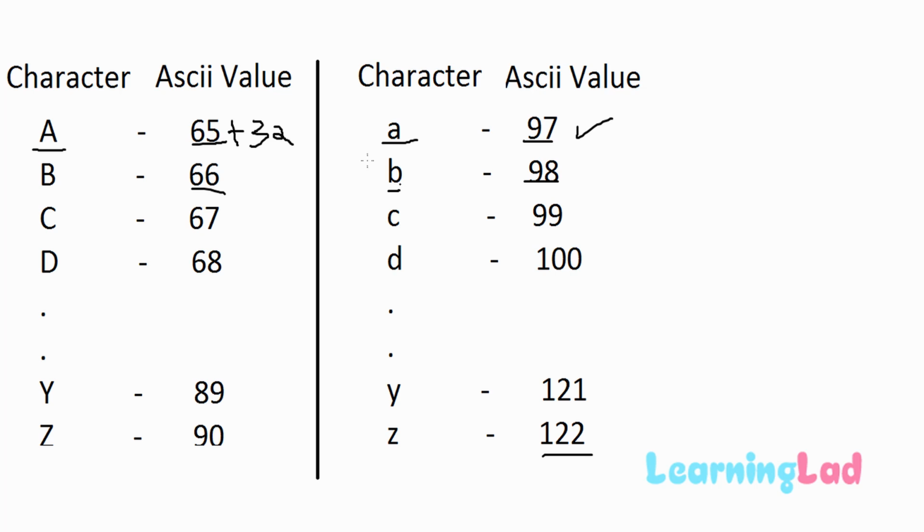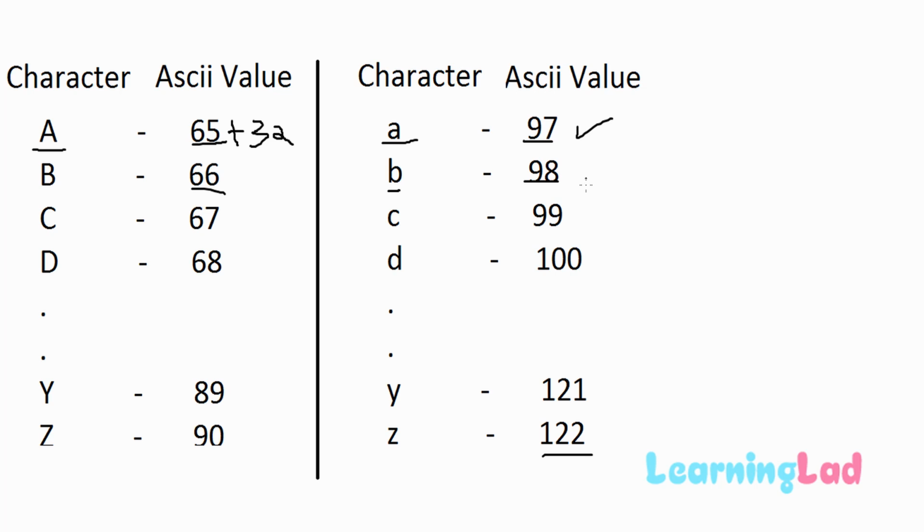So the thing is, since these are in continuous order and the difference is 32, which is constant for all these uppercase and lowercase letters, if we have an uppercase character, then we can add 32 and we can get the respective lowercase character.